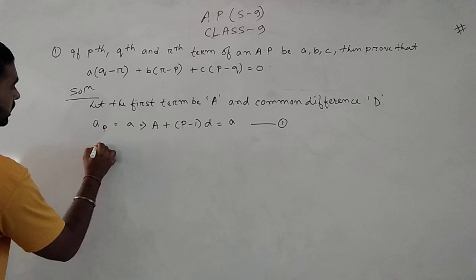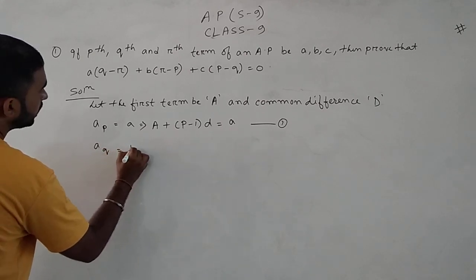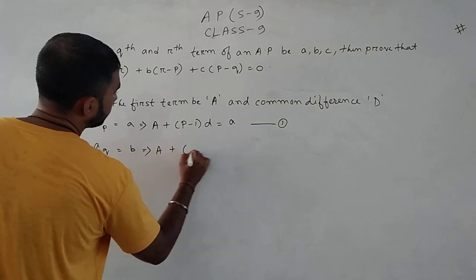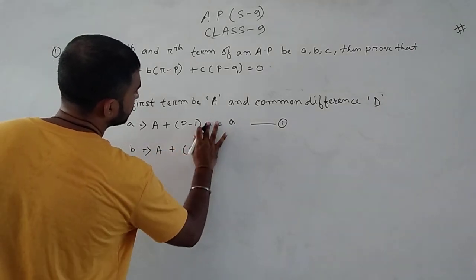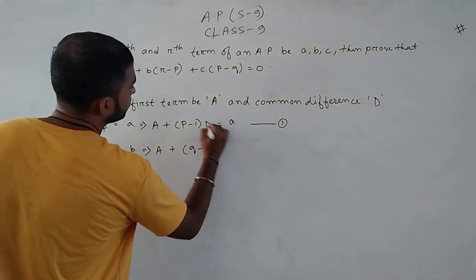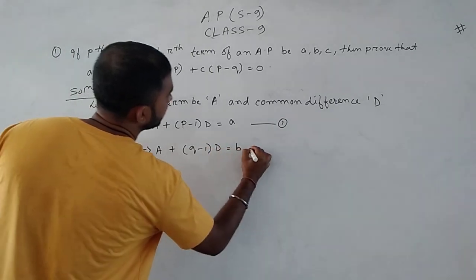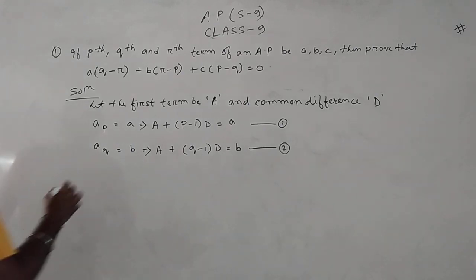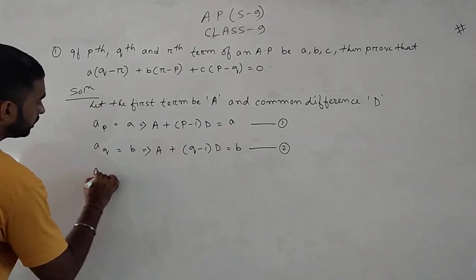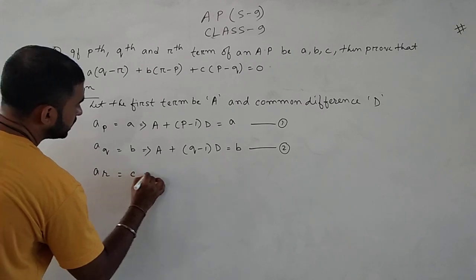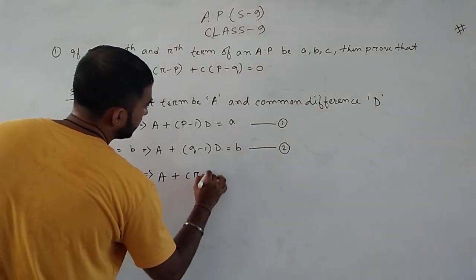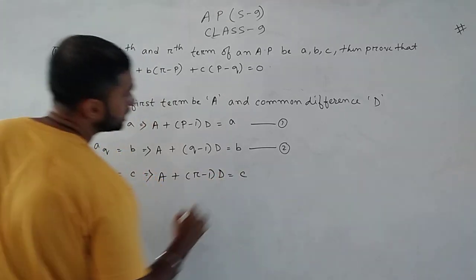Next qth term A_q equal b, sorry, this one capital D. A plus q minus 1 D equal b. Equation number 2. Then rth term equal c, which implies rth term A plus r minus 1 D equal c.